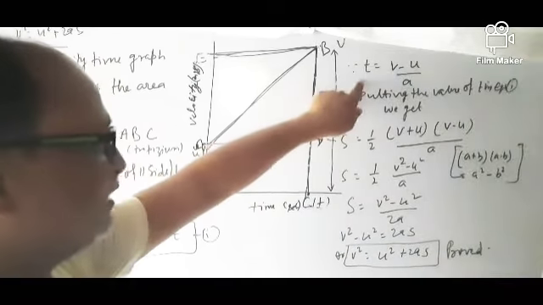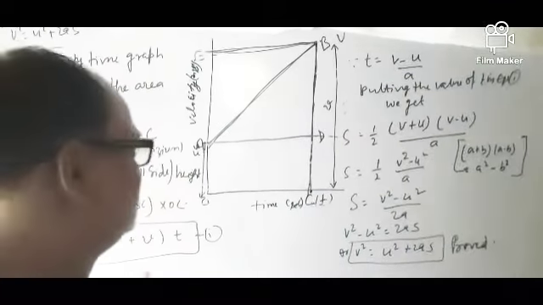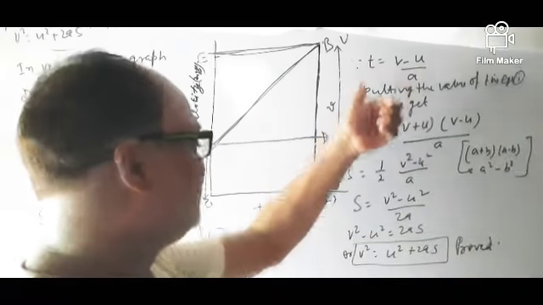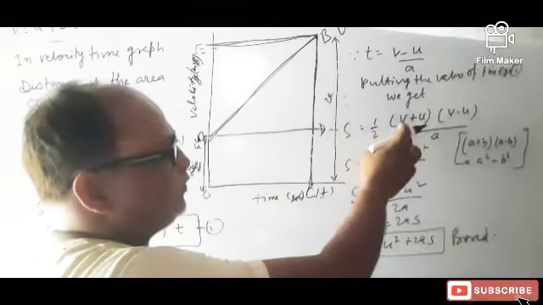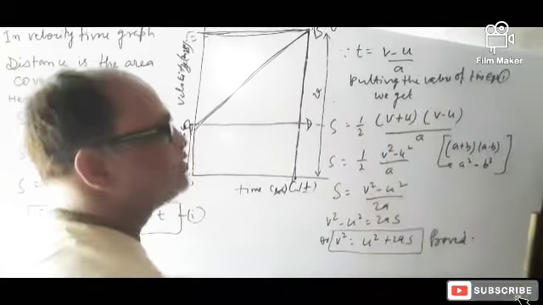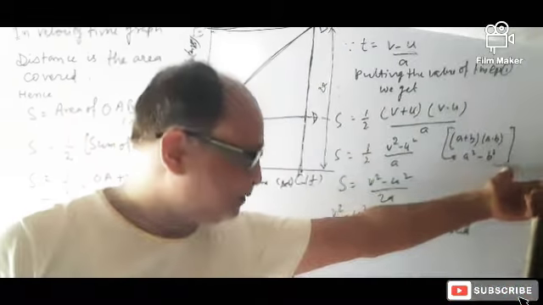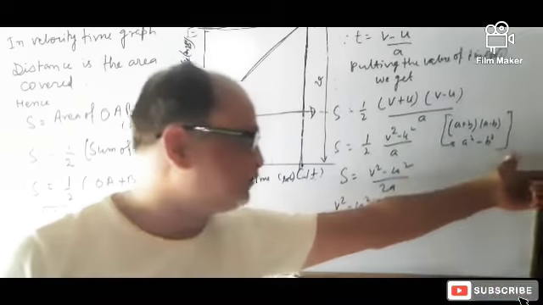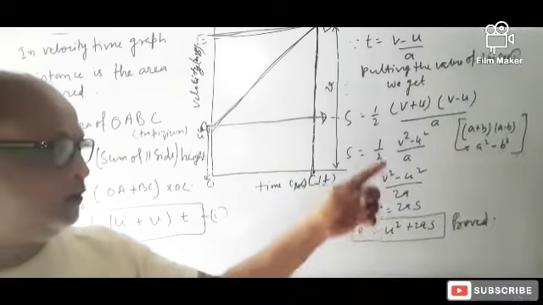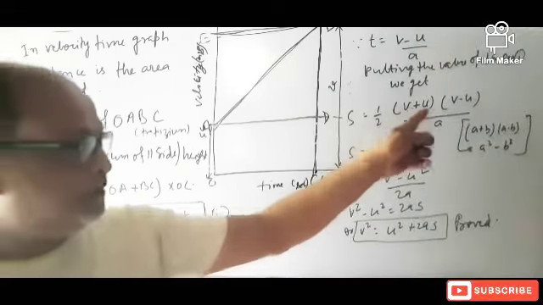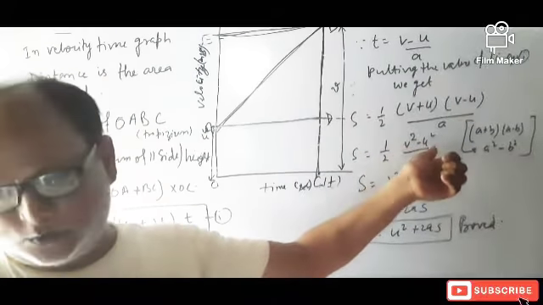As we know that t is equal to V minus U by a, putting the value of t in the first equation, we get S is equal to half into V plus U into V minus U by a. By the algebraic formula, a plus b into a minus b is equal to a square minus b square, so V plus U into V minus U gives V square minus U square.